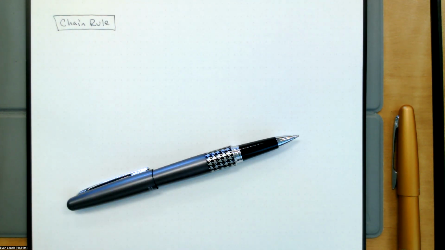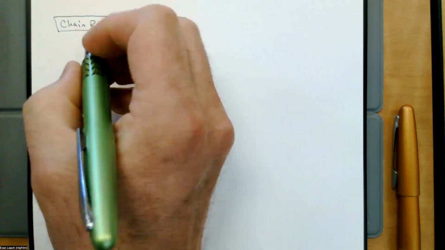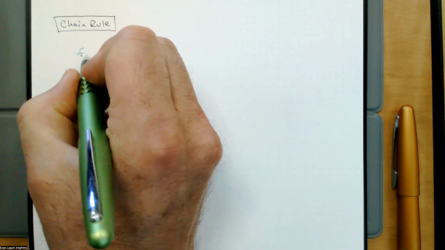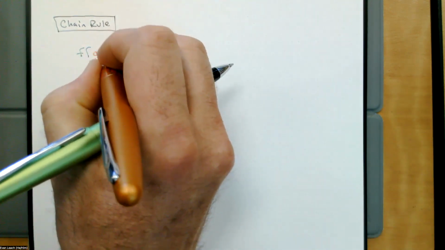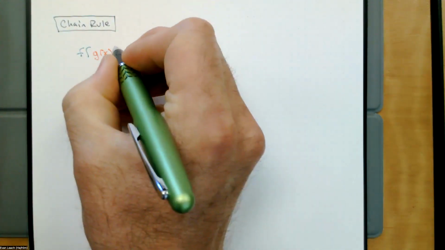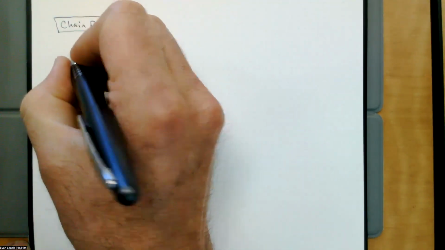So let's talk about what the chain rule says. The chain rule says the following. We want to take the derivative of a composition of functions. F was green, I think. So I have this composition of functions. I want to find the derivative of it. I'm going to use prime notation.